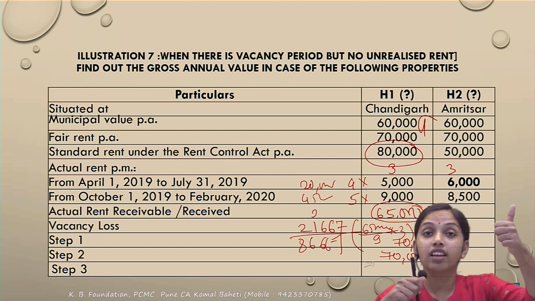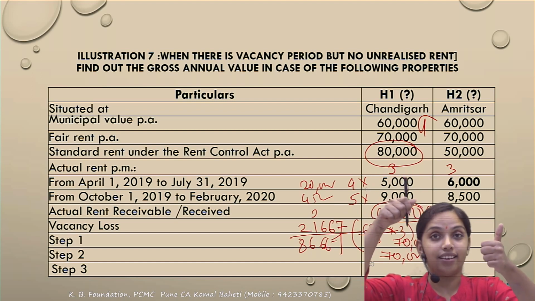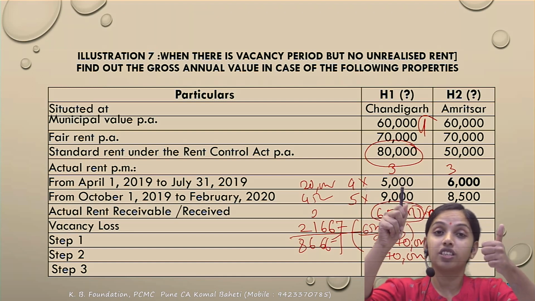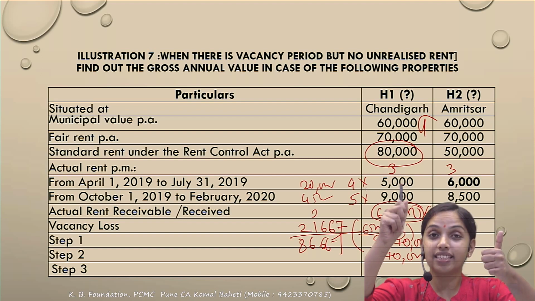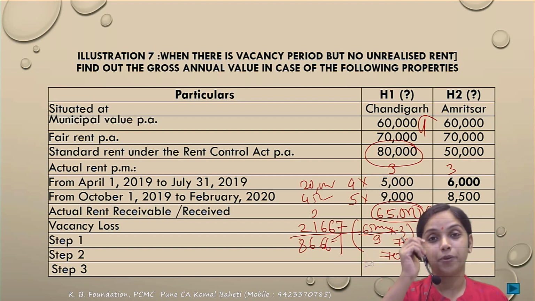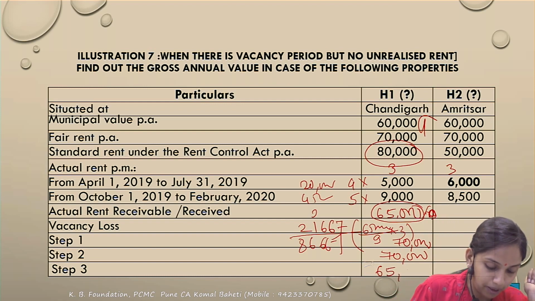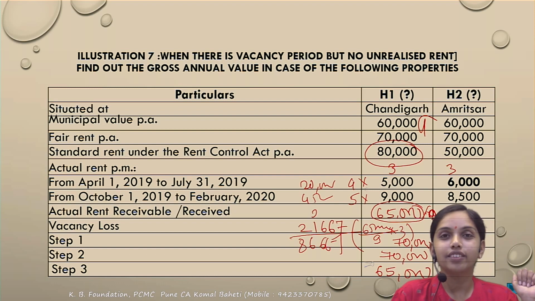Yeah, he is correct. If the vacancy is added, it is more than the RER. Correct. So in such a situation, what would become the GAO? It fits into the exception. AR would become the GAO. So how much is your AR? 65,000 would become the GAO. Are you clear with it?